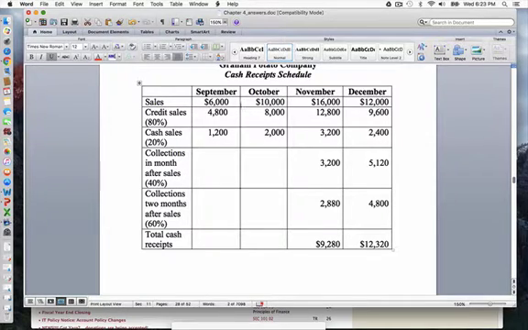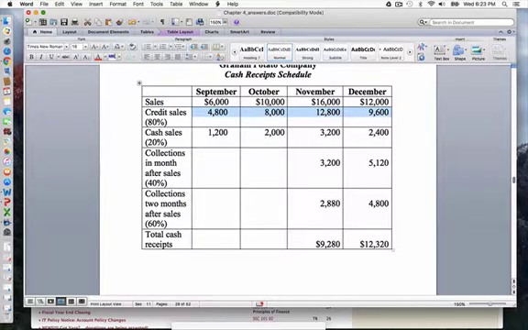Those are the sales. Out of these sales, 80% goes in credit and 20% goes in cash the same month. Out of this credit sales, this is where we have to pay attention. It says that 40% is in the month after the sale, and it would go here. The reason this problem is filled up with numbers is because they only require the cash receipts for November and December.